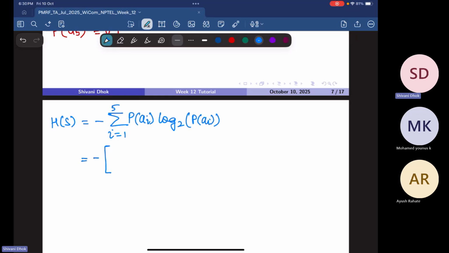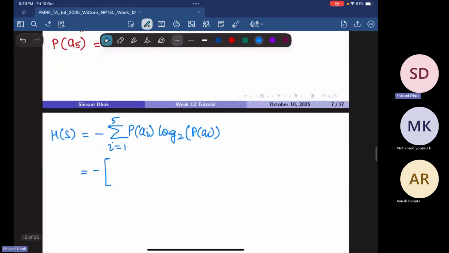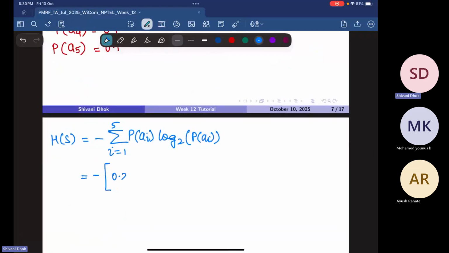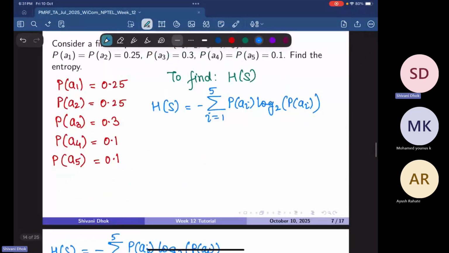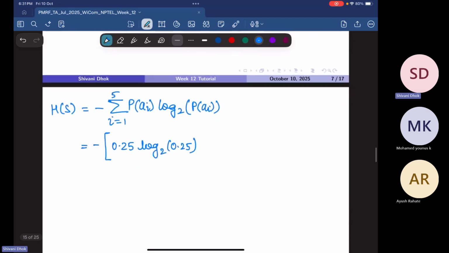Then A1 has a probability of 0.25, so 0.25 into log to the base 2 of 0.25, plus 0.25 for A2, 0.25.